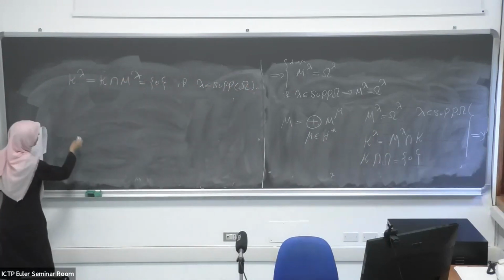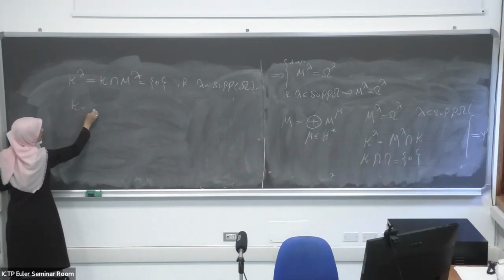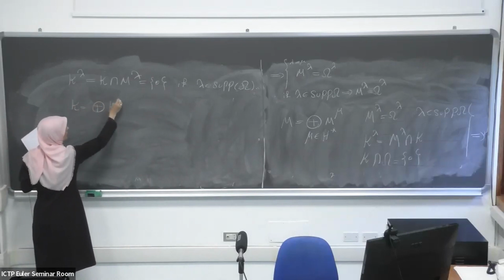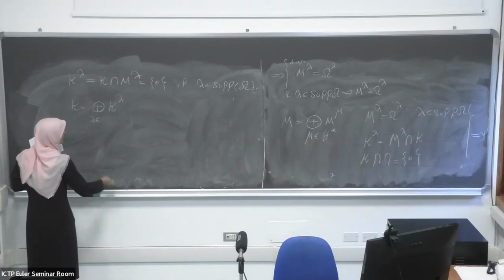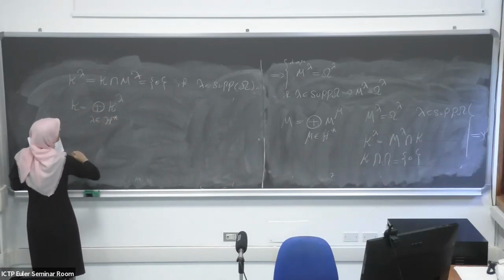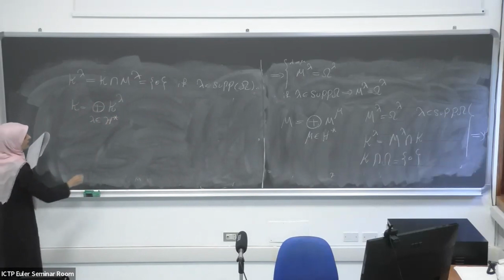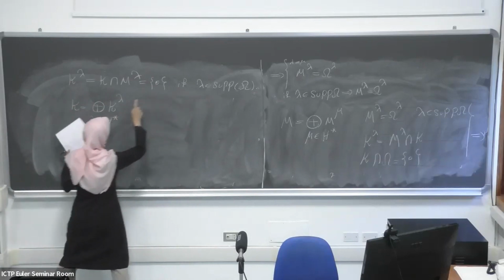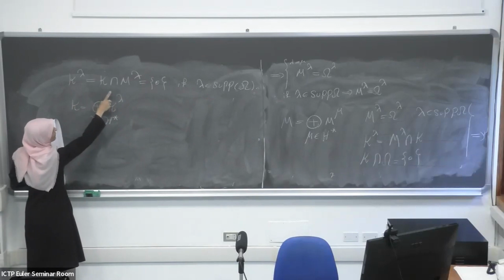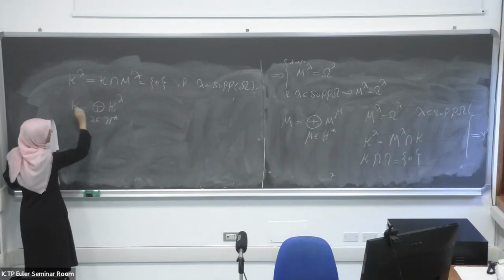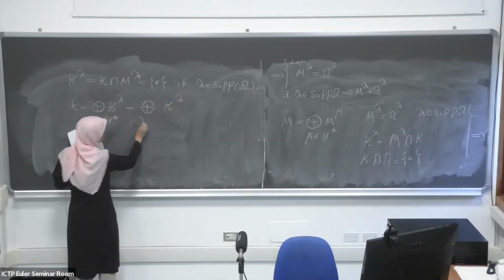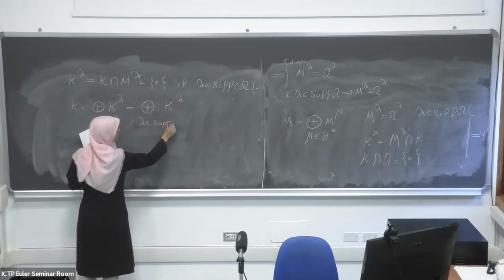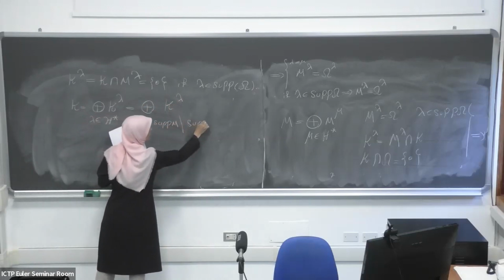Right? Now what we have, K is the direct sum of K lambda, where lambda belongs to support M, lambda is an element of H star. And we get that if lambda is an element of support omega, then K intersection M lambda, which is K lambda, is 0. So it is the direct sum of K lambda when lambda is an element of support M but not support omega.